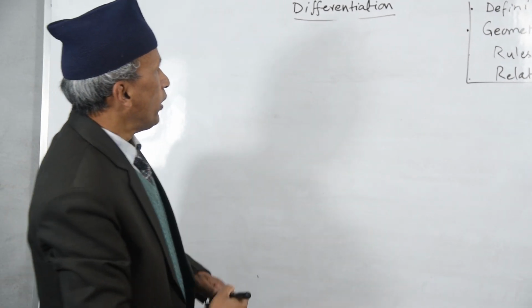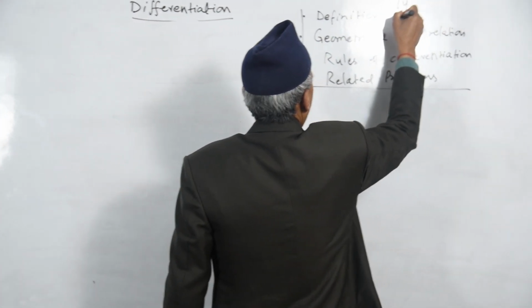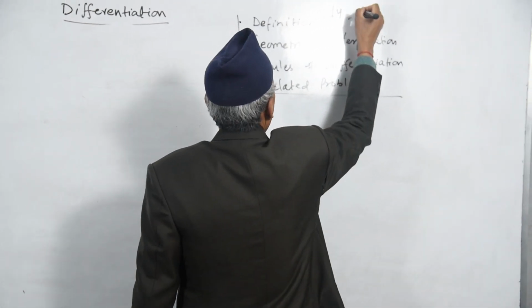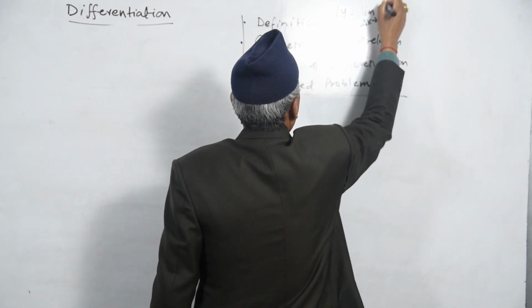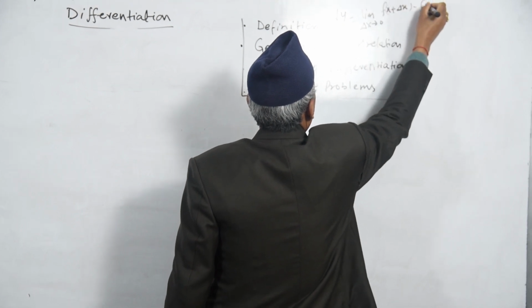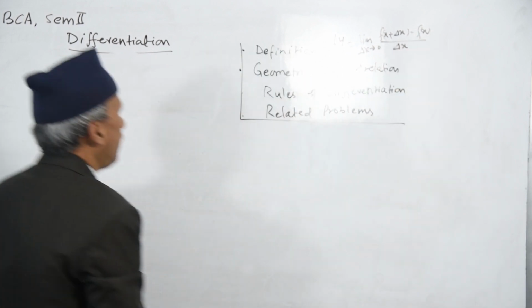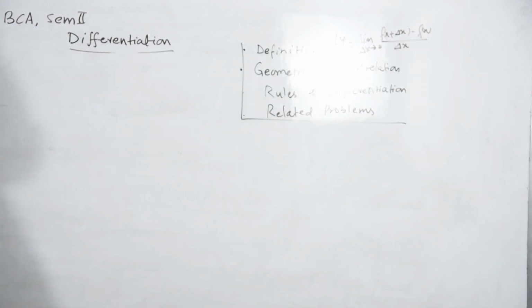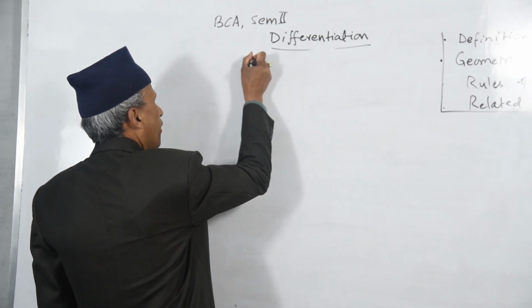So you know that the definition is dy by dx is equal to limit delta x tends to 0 of f of x plus delta x minus f of x divided by delta x. Okay, this is the definition. You have to remember it. Okay, it is very important. We use this everywhere for first principle. We use this definition.